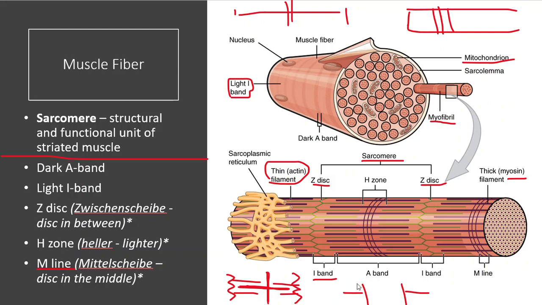Now, in this A band, part of the A band is going to have the thin filaments in it as well. So that A band is going to be the darker stripes that you see on the muscle fibers. The H zone is an area where all you have is the thick filament.